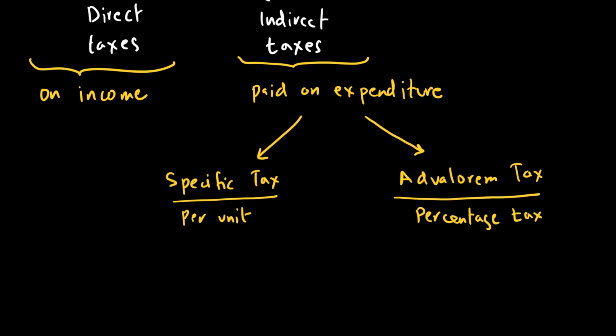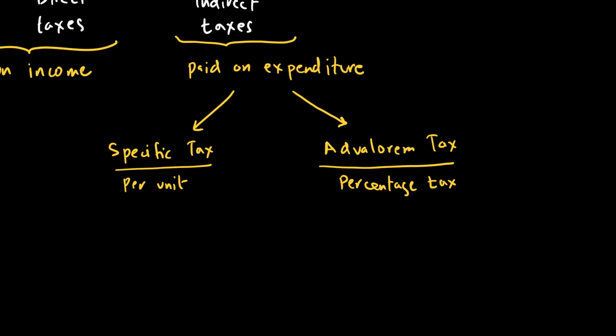An example of this could be, if you are paying a specific tax on a good, then this would be a flat amount of tax, let's say $5. While a percentage tax, or a value added tax, will be a tax of, let's say, 10%.